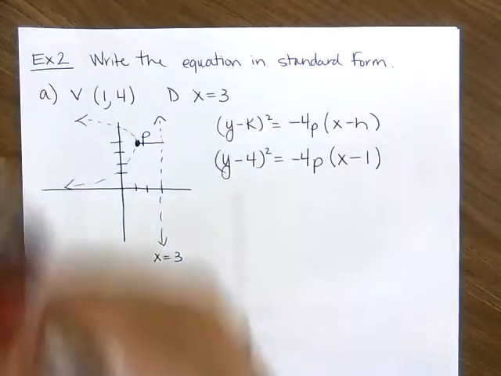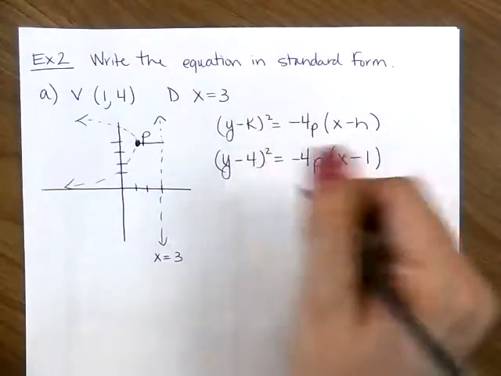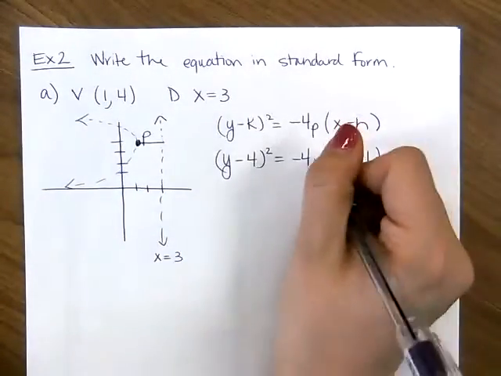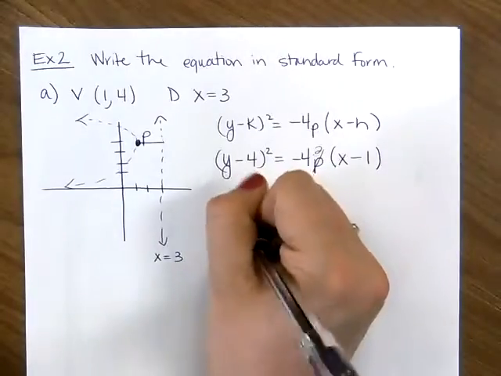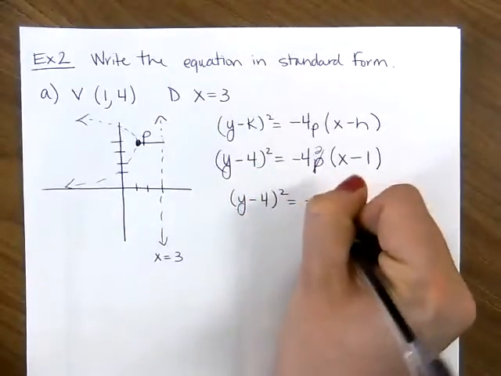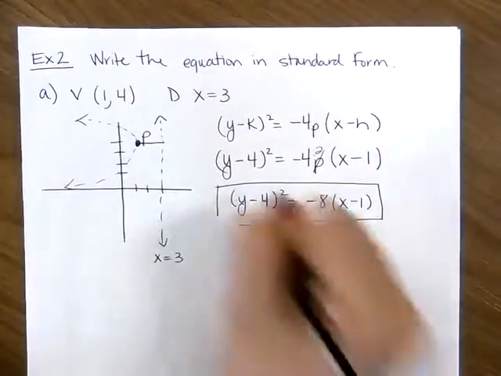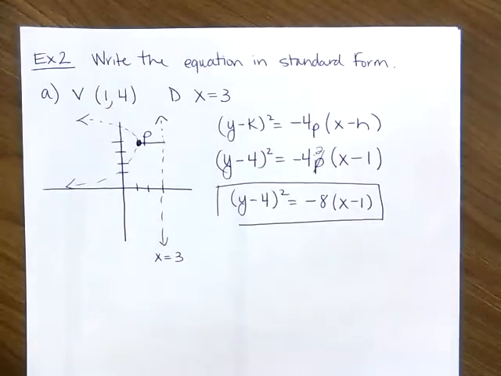So from 1 to 3 is a distance of 2. So p has to be 2. So I'm going to plug that in, and then I have to multiply those. So the final answer should be y minus 4 squared equals negative 8 times x minus 1. It's easy, and it doesn't take a long time.